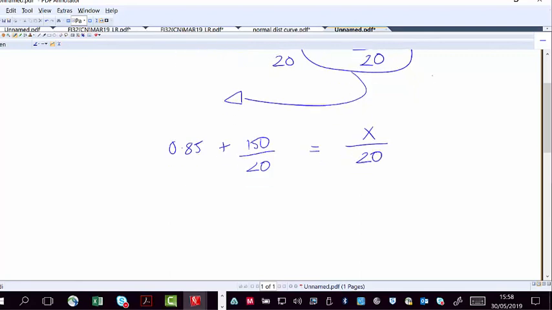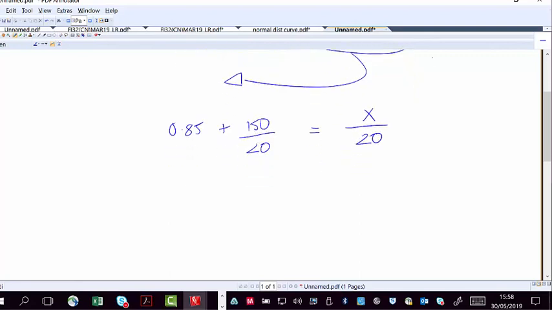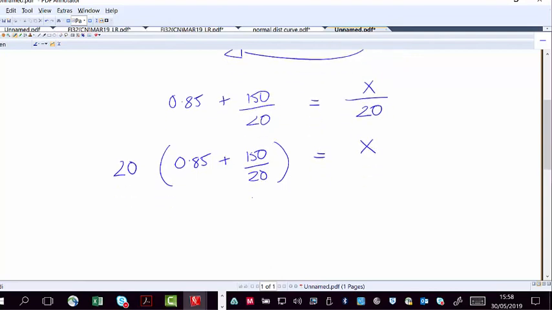And then to be left with X on its own, I want to multiply both sides by 20. So I'm going to take 20 and multiply it by 0.85 plus 150 over 20, and that will be equal to X. If I take 20 and multiply it by 0.85, I get 17.